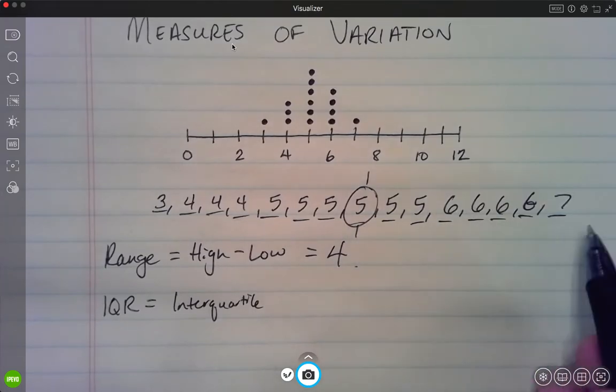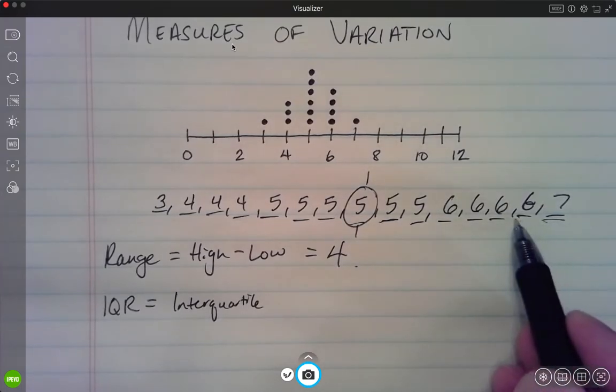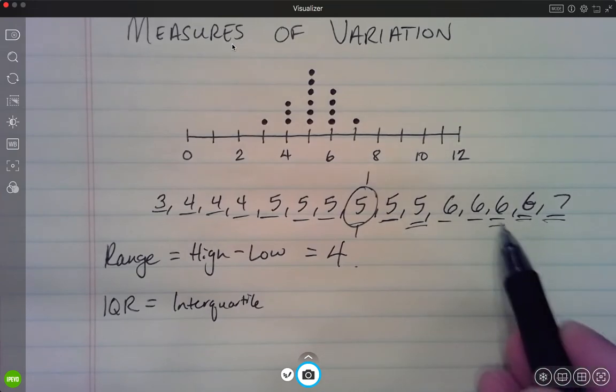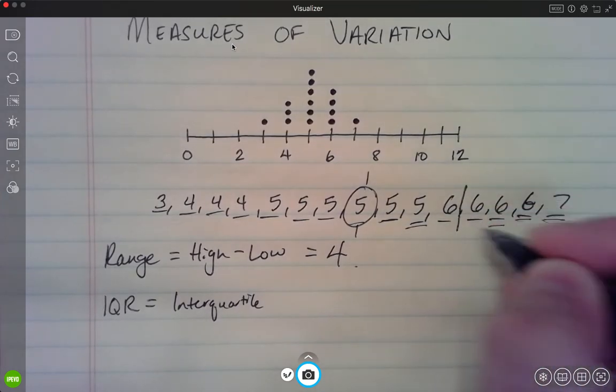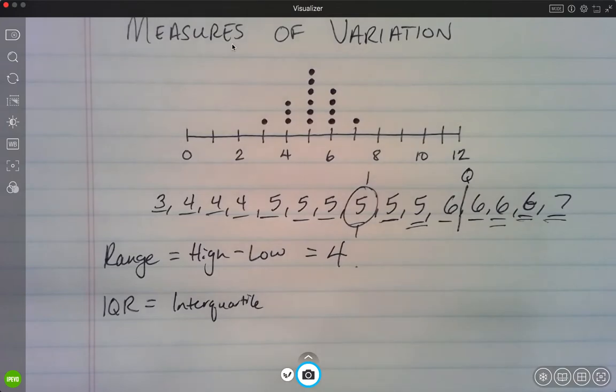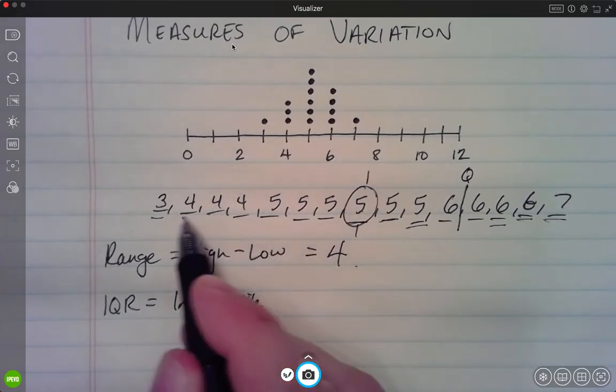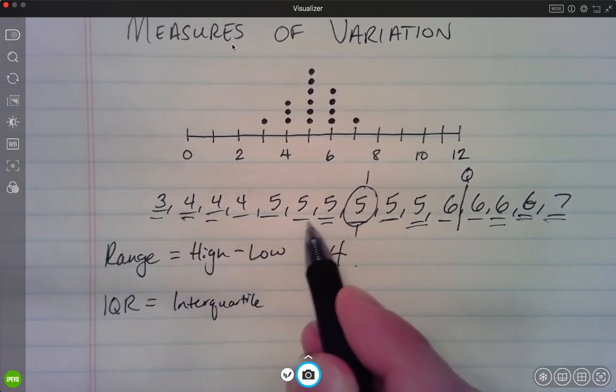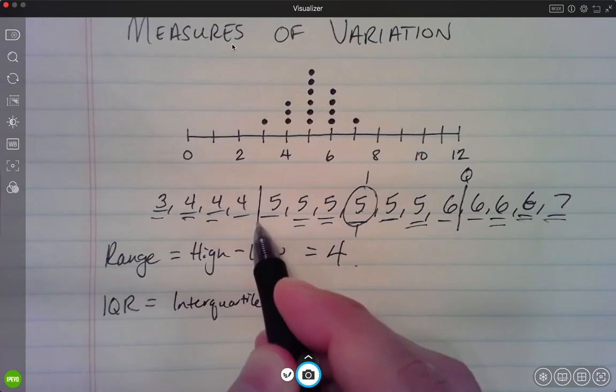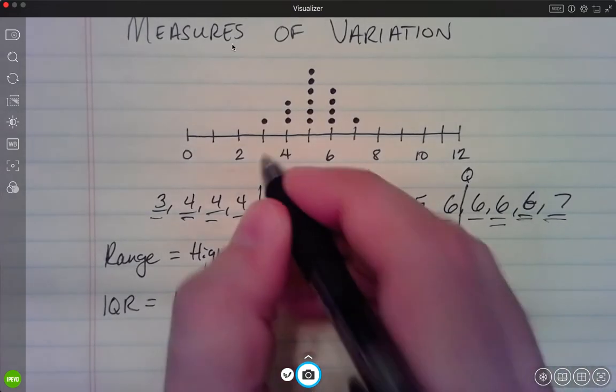So I go there, and my upper quartile is there. Then I'm going to do the same on the other side, and my lower quartile is going to be there.